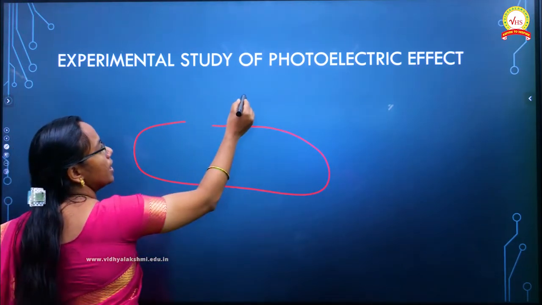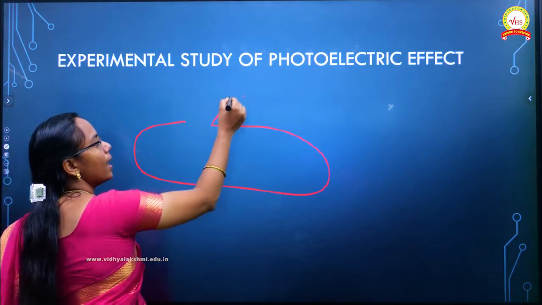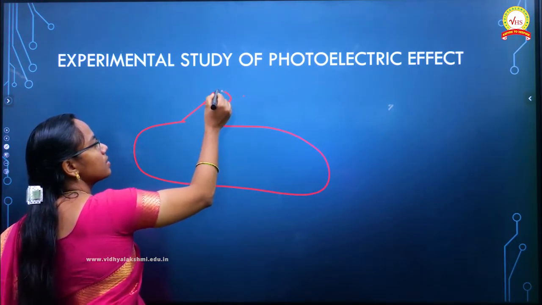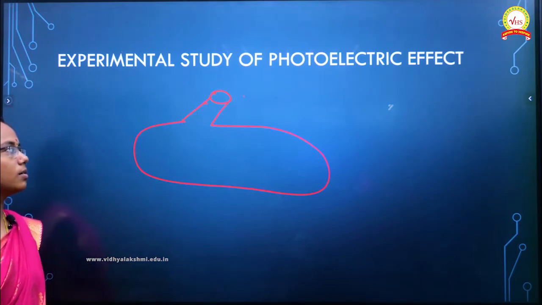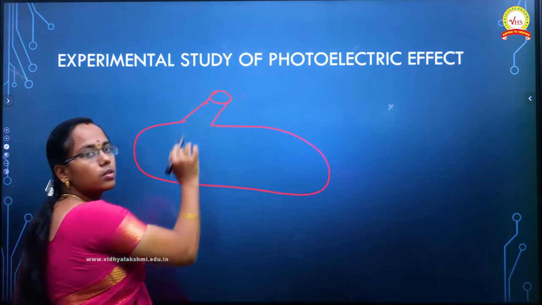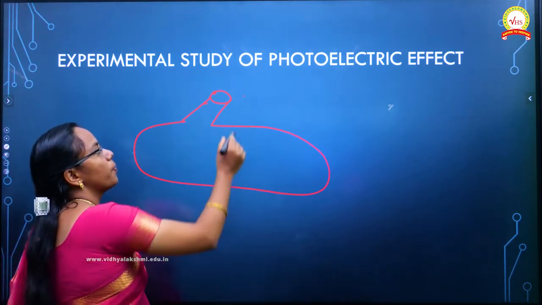Then this glass tube is connected to a quartz window. Quartz is a crystal-like material. It can allow the light to pass through it, right? So this evacuated glass tube is connected to a quartz window.